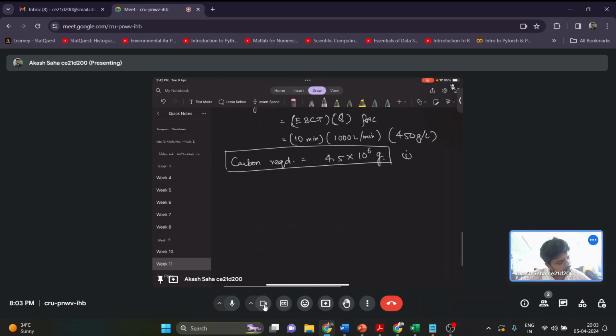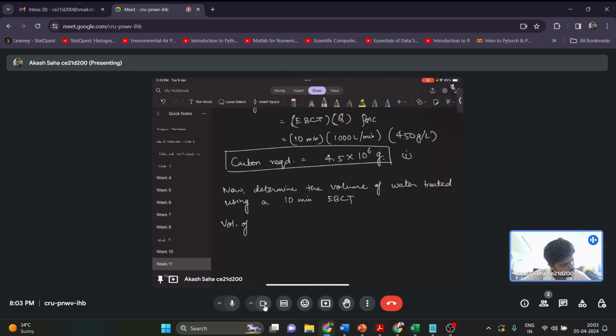But now determine the volume of water treated, because you have to find the bed life. So using a 10-minute EBCT, how much water will be treated?